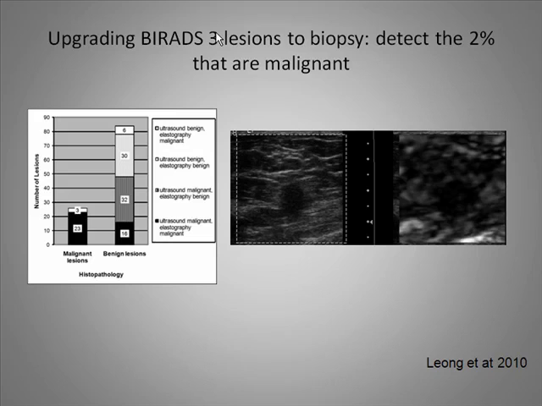And in this series, looking at a number of masses that went to biopsy, 3 of the BI-RADS 3 lesions were upgraded to biopsy based on their suspicious elastography appearance. And if this holds out in other trials, this is another useful application of elastography.